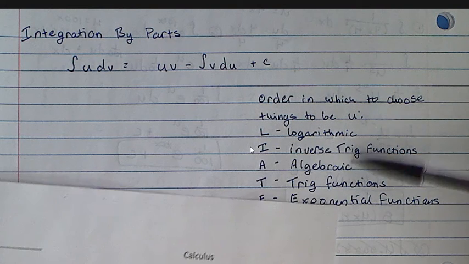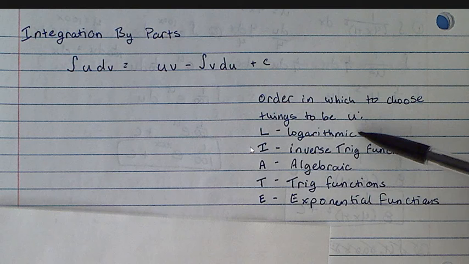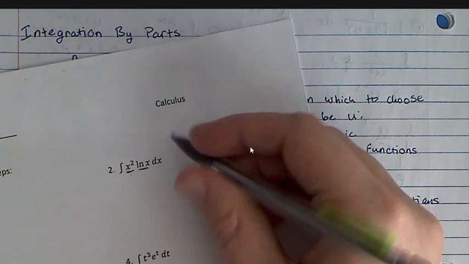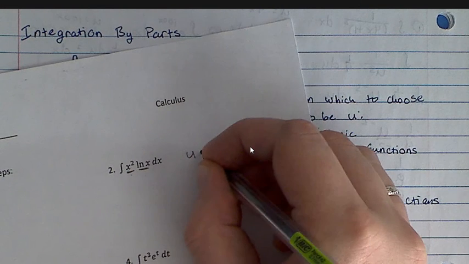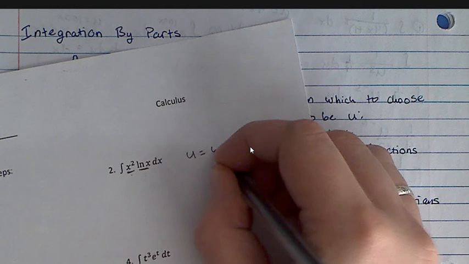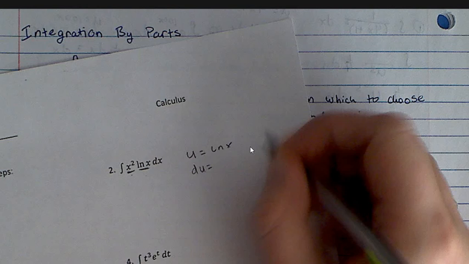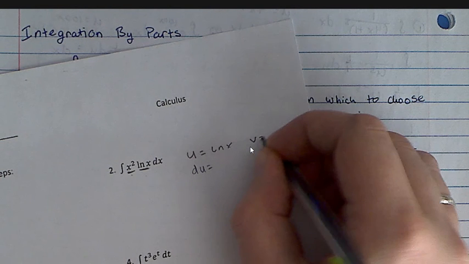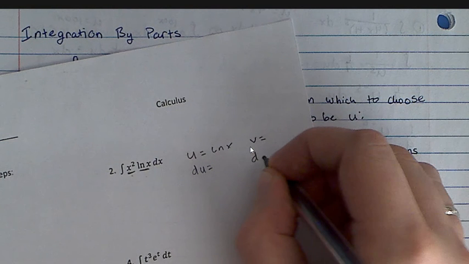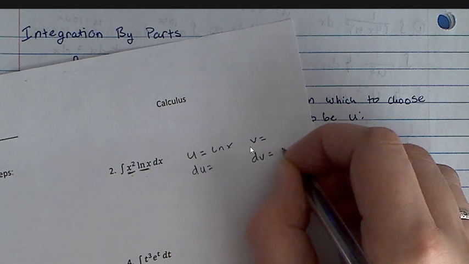Algebraic thing is down here, logarithmic thing is up here. So that means that ln x is going to be u. So we're going to say u is equal to ln x. That means we need to find du. We also have to find v, and that means that dv is x squared dx.